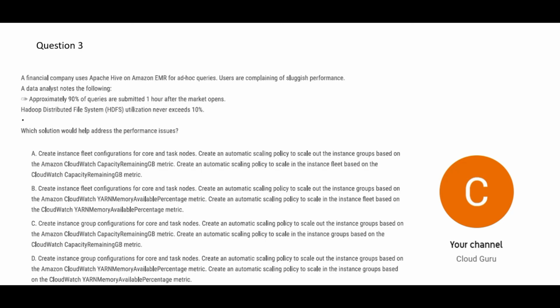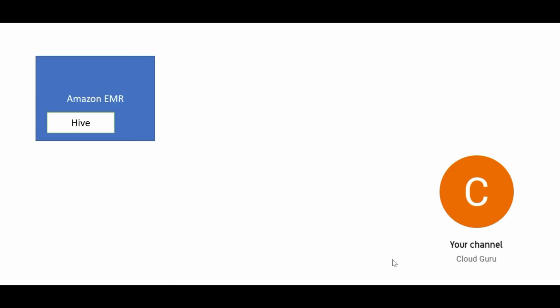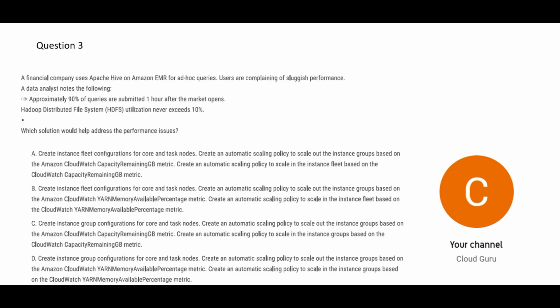So let's look at this question, a big question. Actually the question is small, but the options are really lengthy. You have an EMR cluster with Hive on it, used to run ad hoc queries, and users are complaining about sluggish performance.